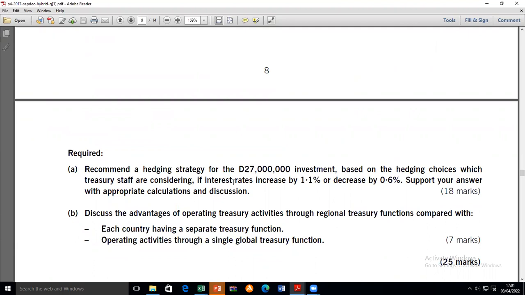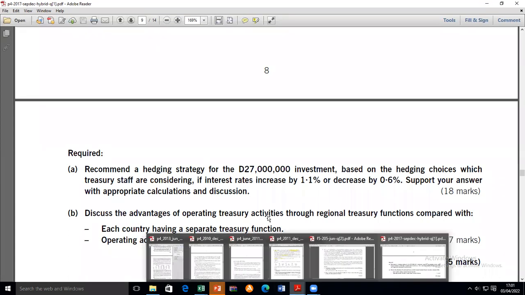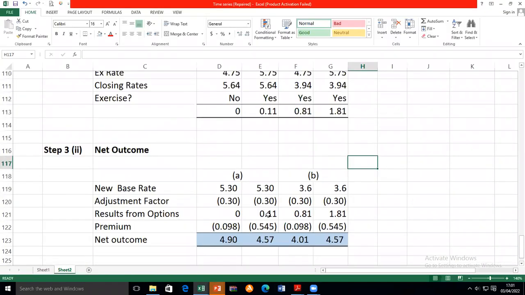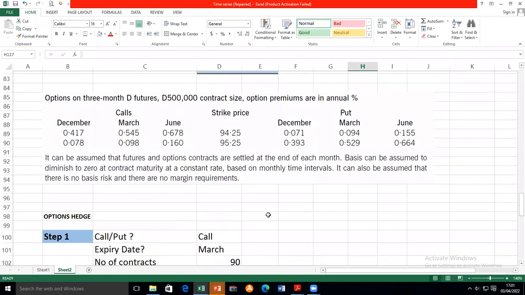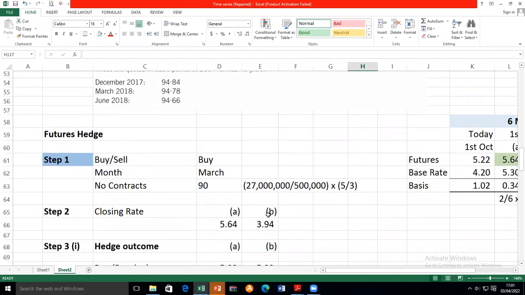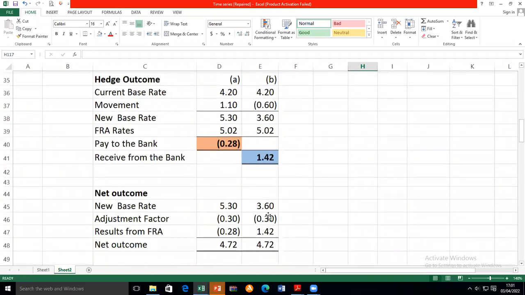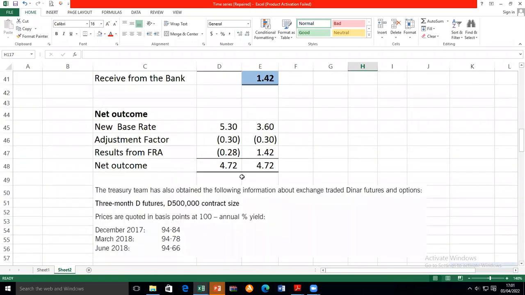Recommend a hedging strategy for the investment of 27. So here, what we have done is adequate because we can give a recommendation. For instance, if you use the FRA, forward rate agreement, we are expecting how much? 4.72.